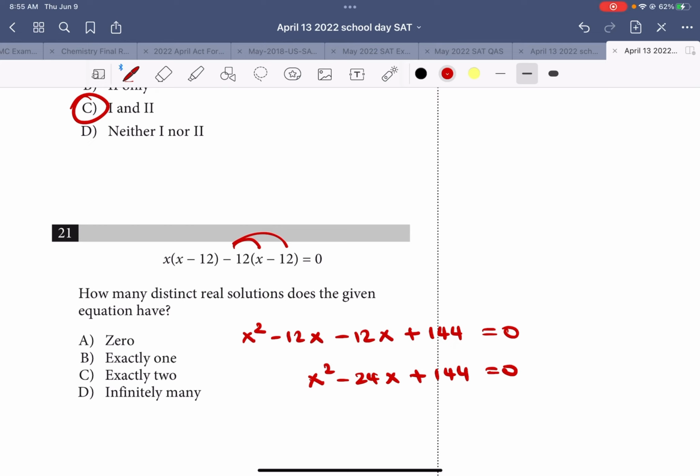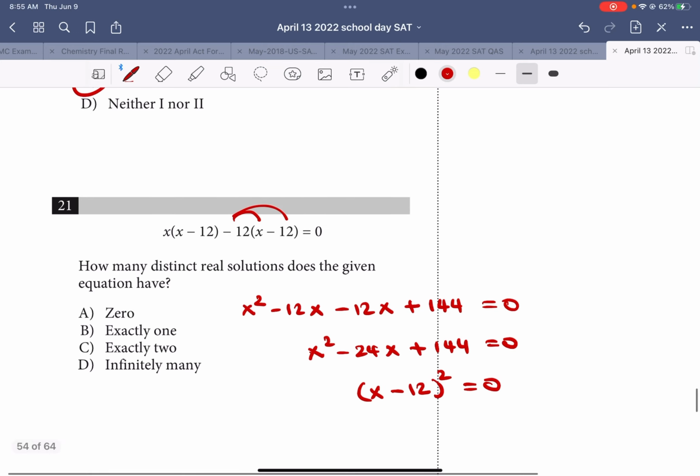And then when you factor, (x minus 12) squared equals 0. It's factorable like that. Then your only answer is 12. So we call it double roots, but that's only one distinct. Distinct is different. So you don't have any other answer. So it should be exactly 1. Okay.